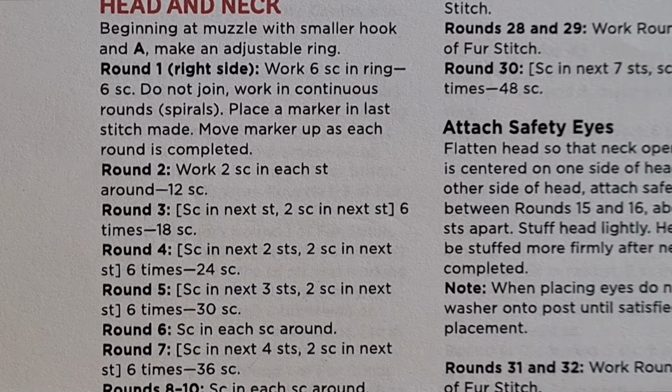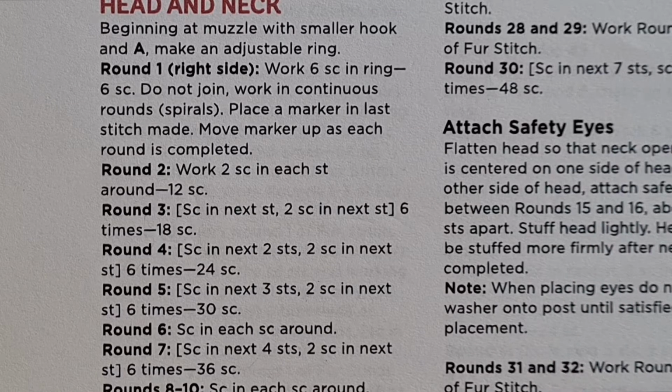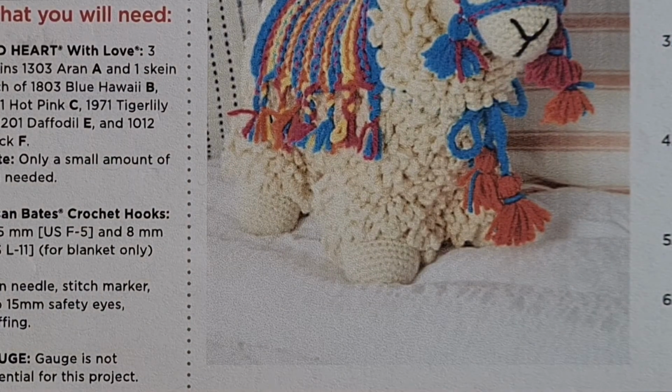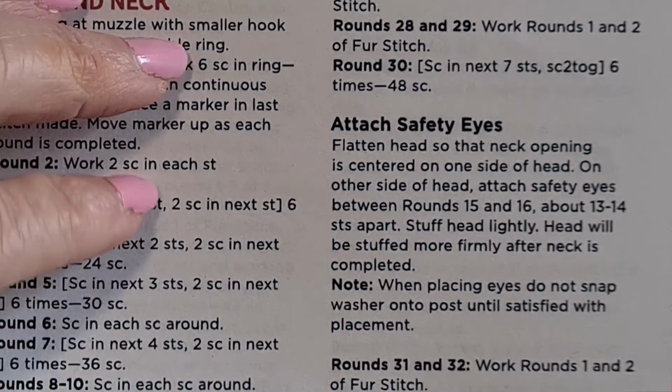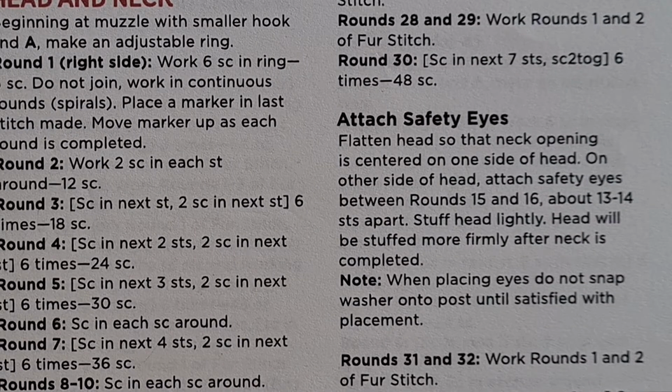So all of your common abbreviations are there. SC for single crochet, DC for double crochet, you've got trebles, you've got front post double crochets, BLO being back loop only, FLO being front loop only, and most well-written patterns will give you an idea of what those abbreviations mean, especially if they're going to use some kind of unusual stitches.